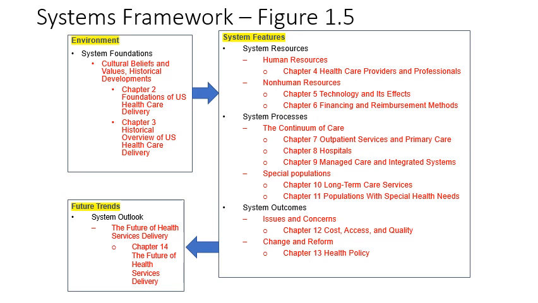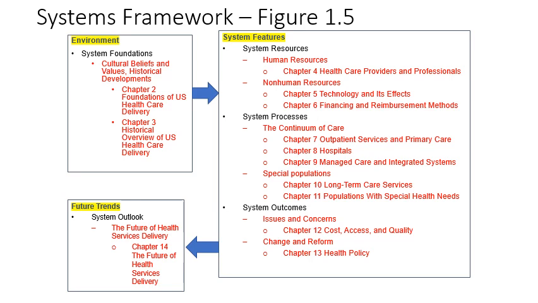System outcomes, issues and concerns. What do we care about? In Chapter 12, costs, access. Are you able to access healthcare? And the quality. Are you getting good care? Then change and reform. How do we change healthcare?